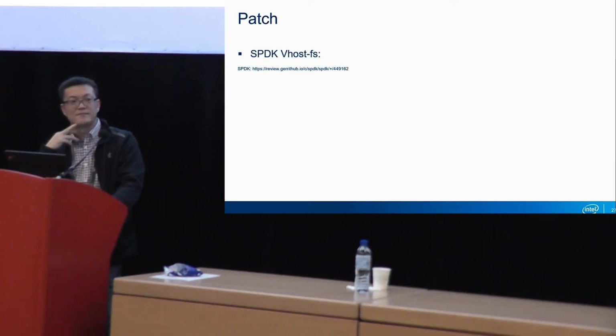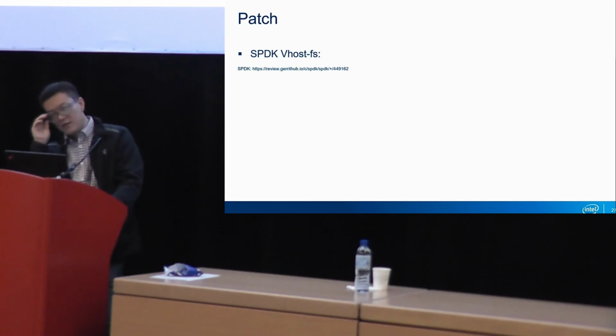So I wonder, do you think it might be possible to map the PMEM into the guest and then access that directly? And now it's persistent, it's not just for cache. Do you think there are things that can be done there?